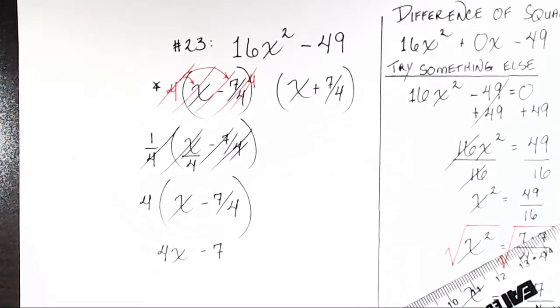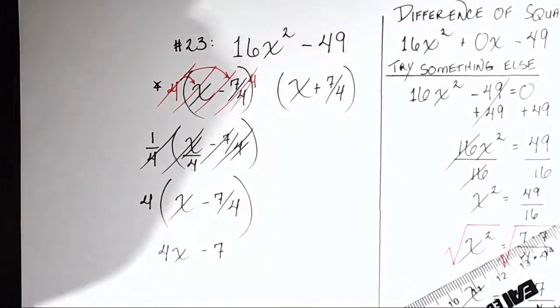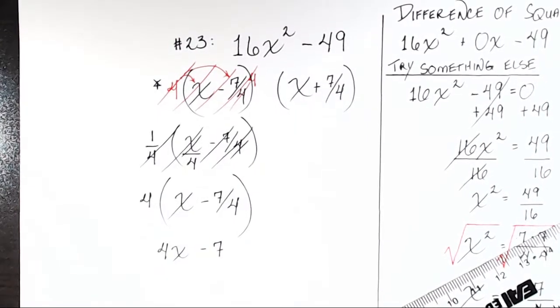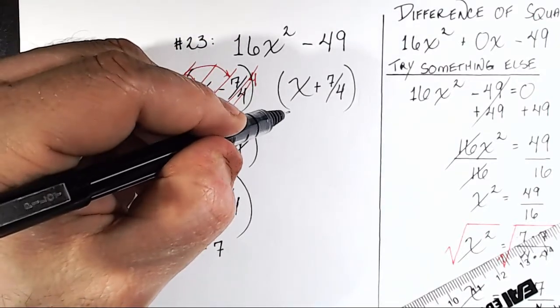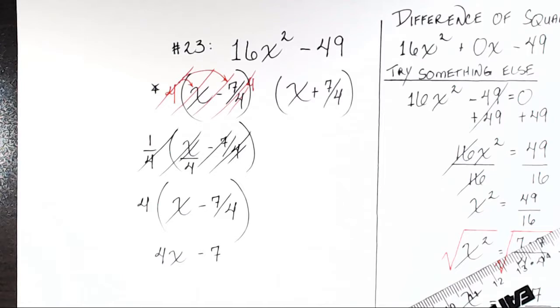I don't think so. I don't know. Maybe I can, right? Maybe I can. Let's try this out and see if this helps at all. Is there anything I can do to x plus 7 over 4 to get rid of the fraction? How do I get rid of the fraction?